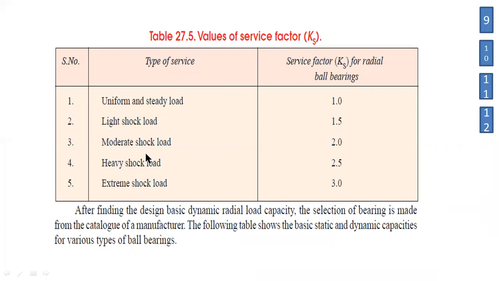For moderate shock loads, Ks equal to 2.0. For heavy shock loads, Ks as 2.5. And for extreme shock loads, Ks equal to 3. These five are very important for considering the type of service factor. These are the values for service factors.